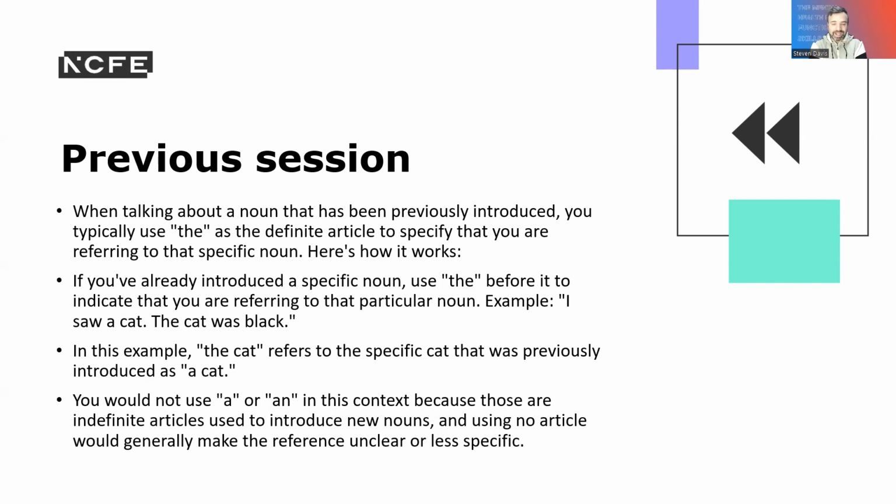Example, I saw a cat, the cat was black. The cat refers to a specific cat that we previously introduced as a cat. We would not use a or an in this context because those indefinite articles are used to introduce new nouns, and using no article would generally make the reference unclear.